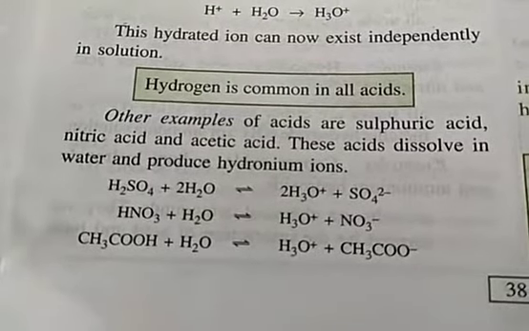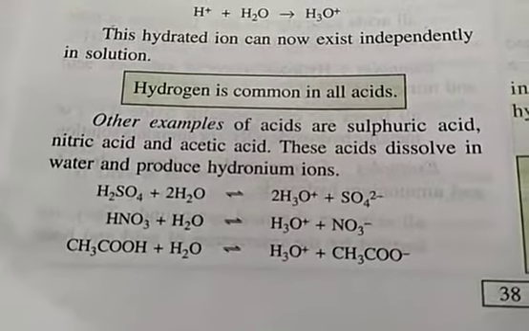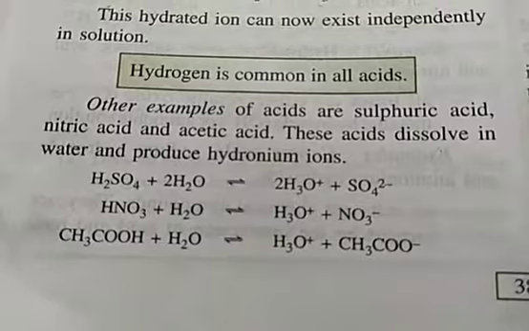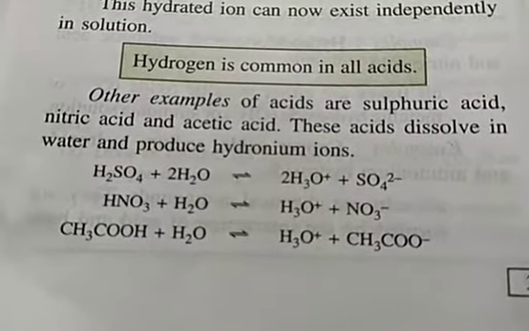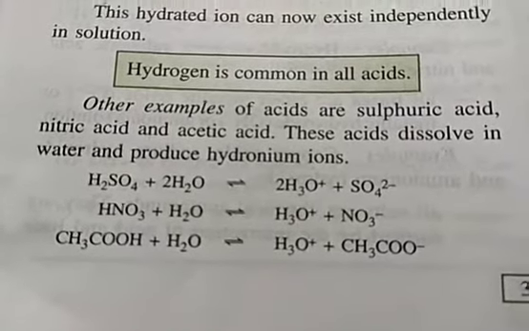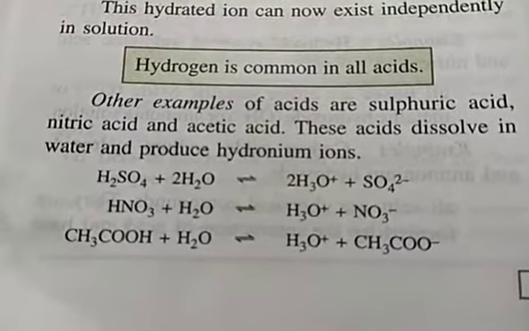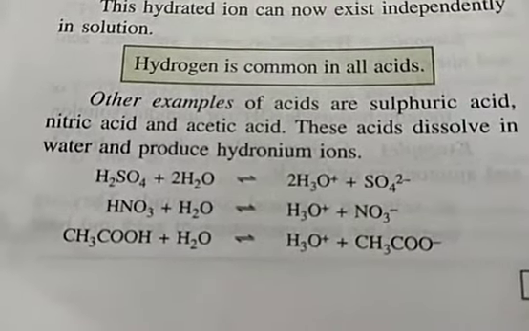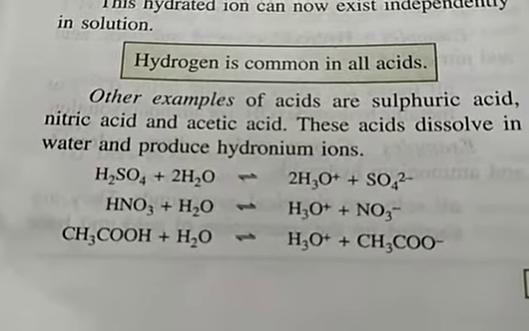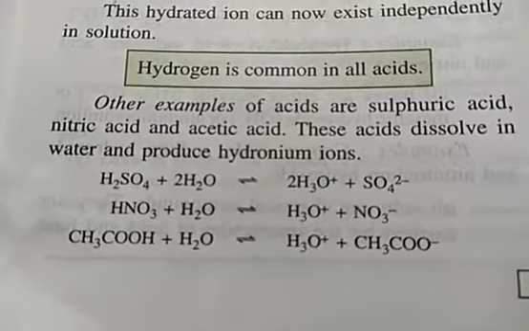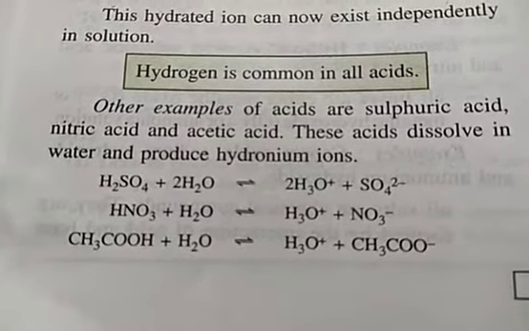Now from the definition of acids, you know that any compound which is able to give out H+ ions or the H3O+ ions can be considered as the acid. And there can be either 1 H+ or 2 H+, or indeed I should say 1 H3O+ or 2 H3O+ or 3 H3O+.